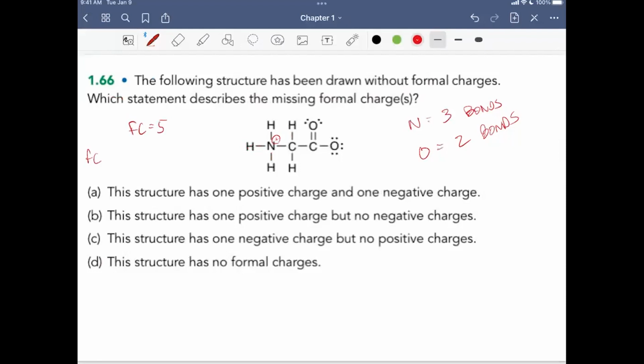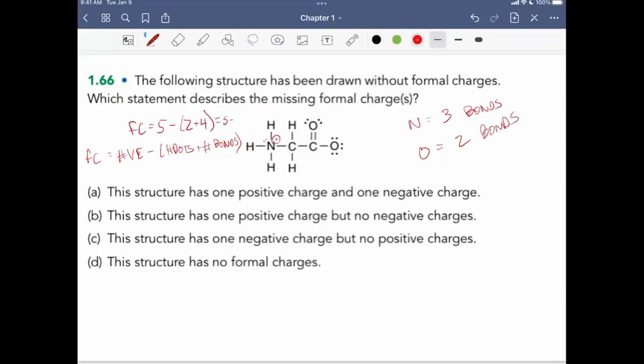Again, the formal charge, you can watch my previous video, is the number of valence electrons minus the number of dots plus the number of bonds. So we know that nitrogen has 5 valence electrons. Let's see how many dots are hidden here. 2 dots, and it looks like it has 4 bonds.